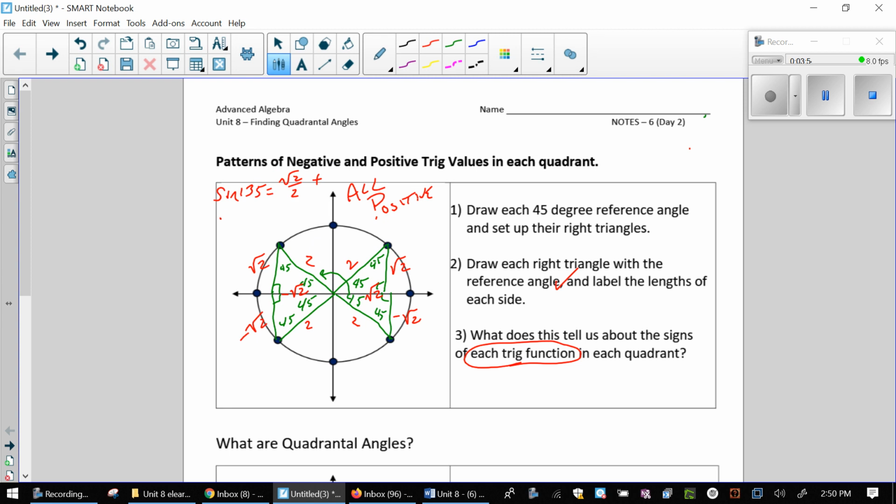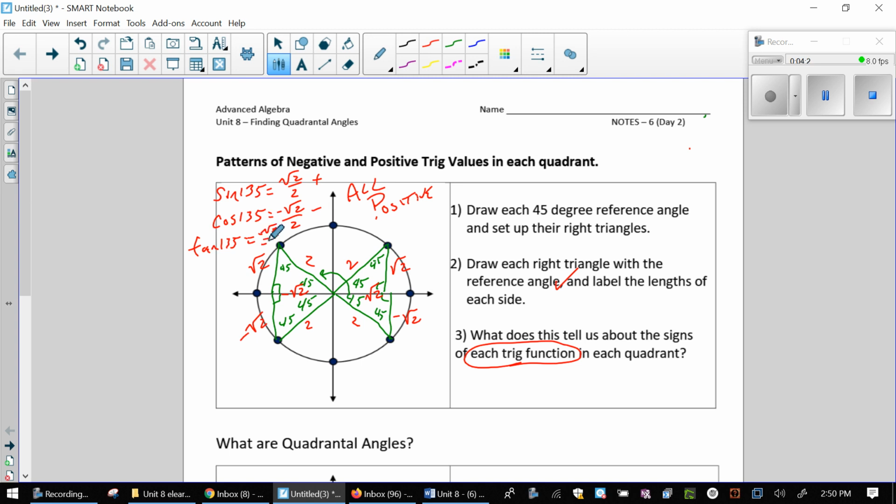What if we do cosine? Cosine 135 is adjacent. And here, since the adjacent is the x value, it's negative root 2 over hypotenuse. And that cosine is negative. If we do tangent, tangent is opposite, root 2 over adjacent, negative root 2.